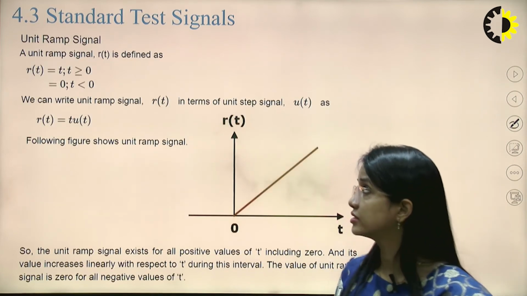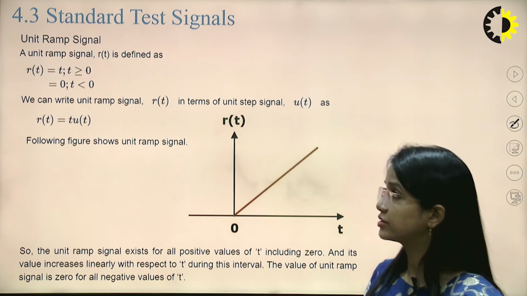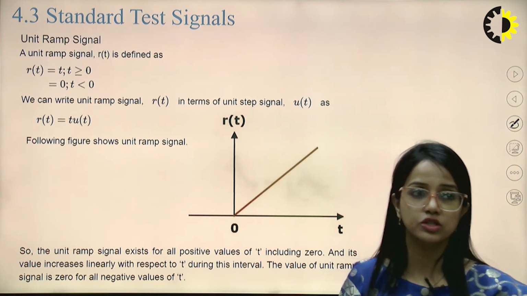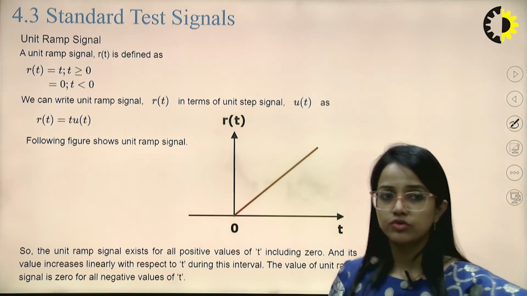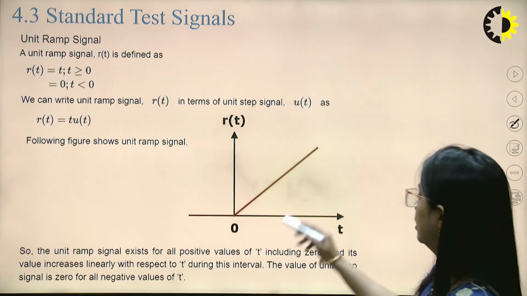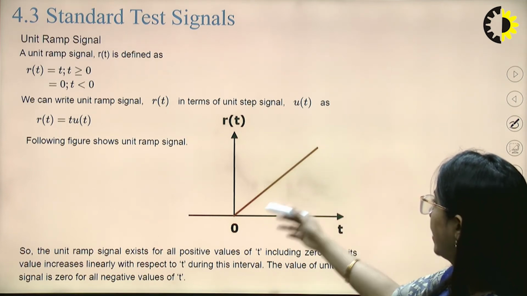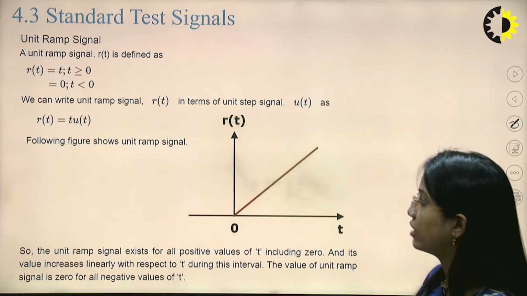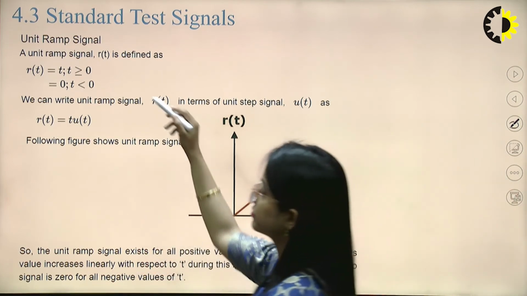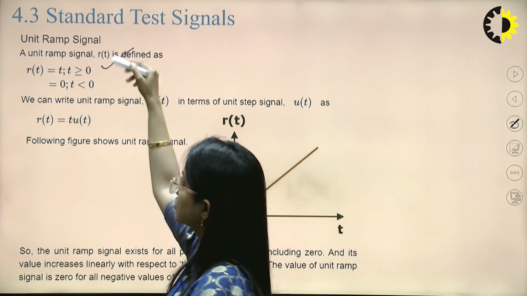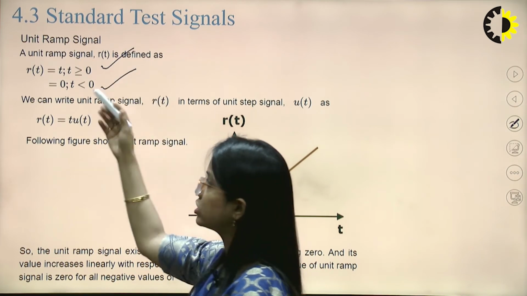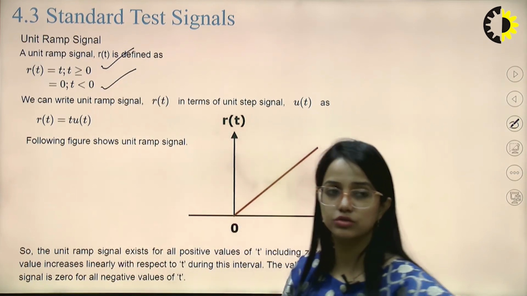Standard test signal part 3. Here we have to study what is the unit ramp signal. So of course, the unit ramp signal is a signal represented by this curve. Here we have r(t) equals to t for t greater than or equal to 0, and for all the negative values of t we have r(t) equals to 0.